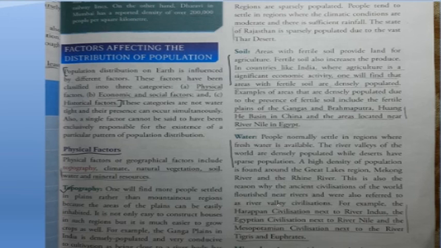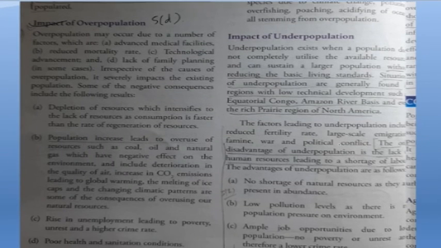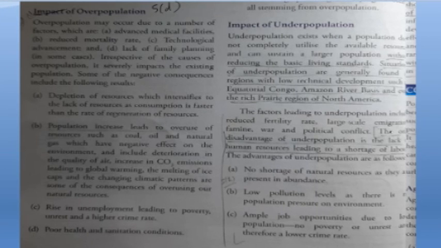And then last question: what are the advantages and disadvantages of underpopulation? So for this, page number 24 here. From here, the only disadvantage of underpopulation is the lack of human resources leading to shortage of labor.